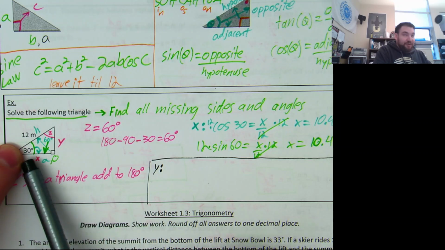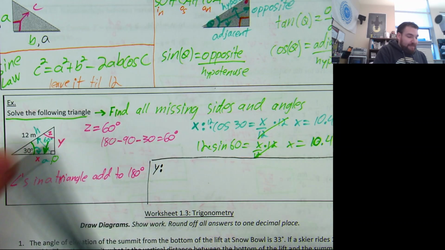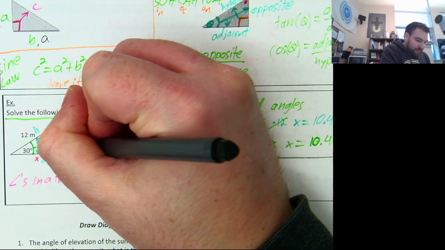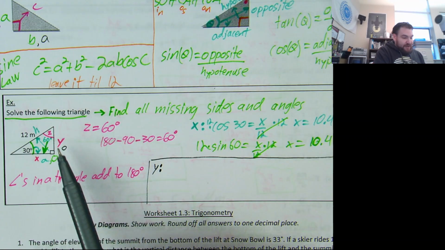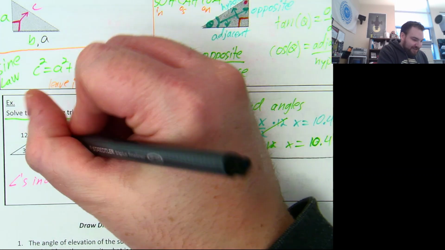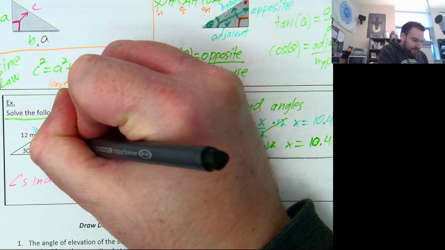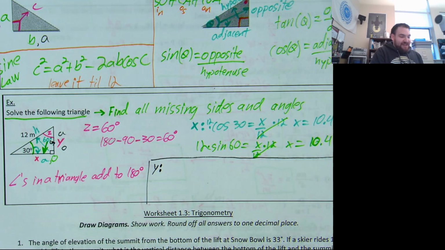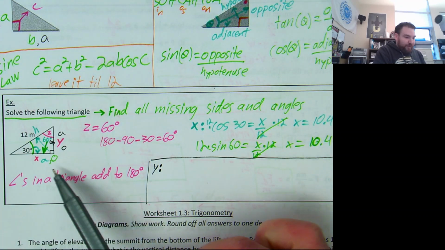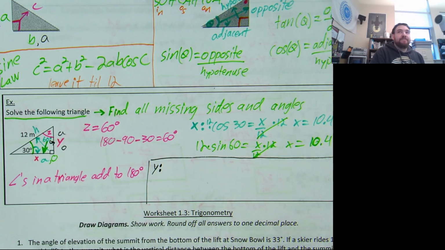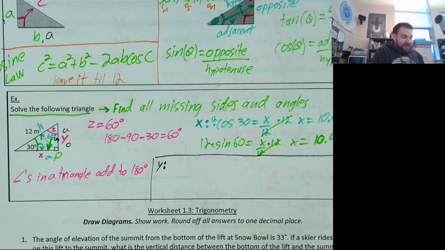If we wanted to use the 30-degree angle, y becomes the opposite side. We could use opposite over adjacent or opposite over hypotenuse. If we wanted to use the 60, then y becomes the adjacent side. We could use tan again, or cosine. We almost have too much information. We got 5 different ways we could go about solving for y.